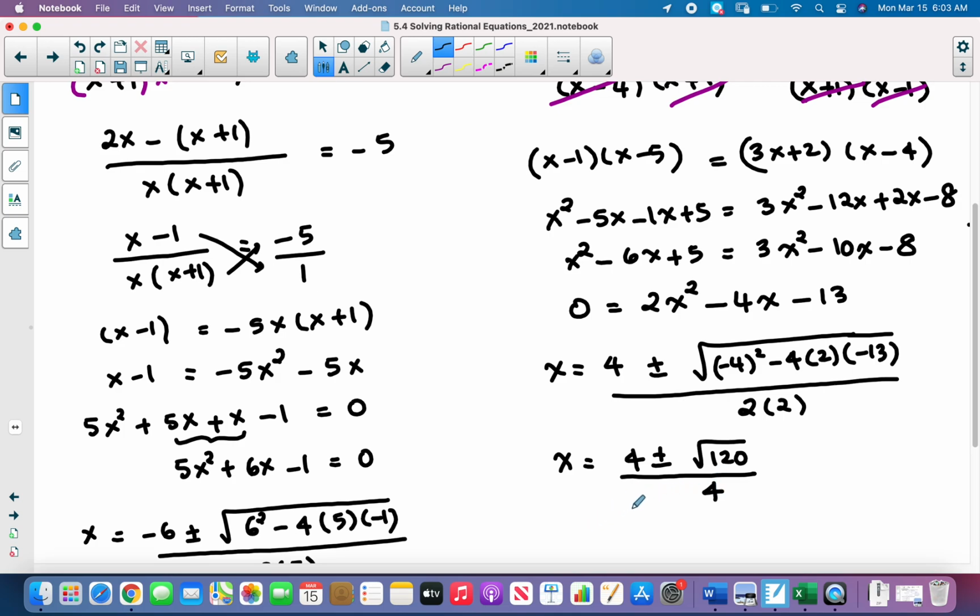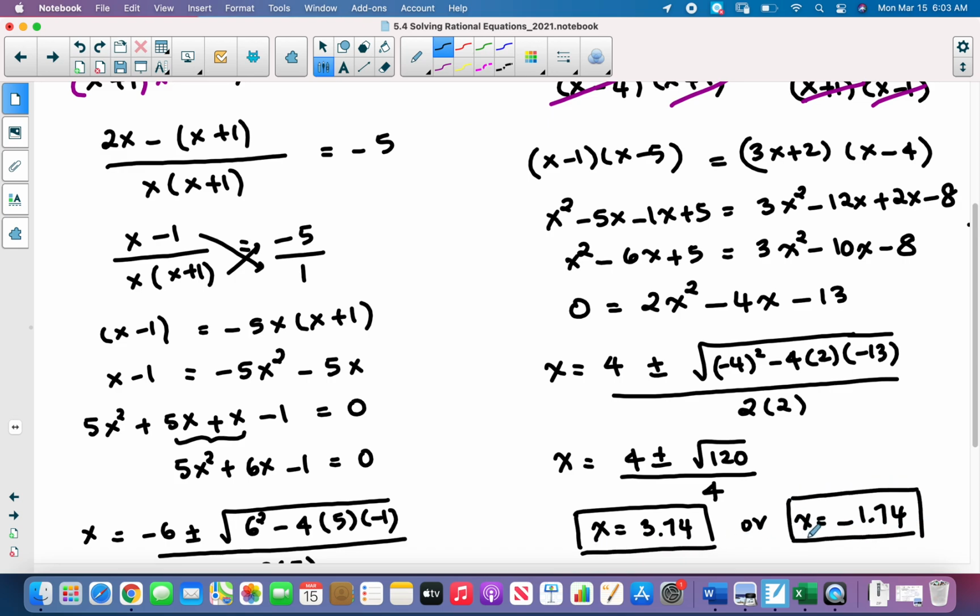And we can solve to 2 decimal places. We get x equals 3.74 or x equals negative 1.74. So those are the solutions for that rational equation.